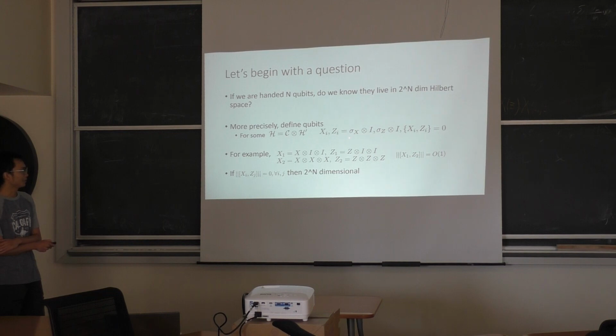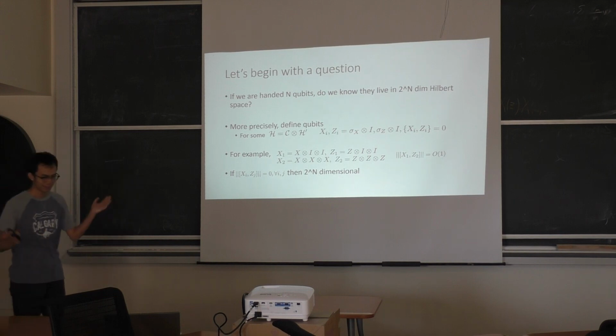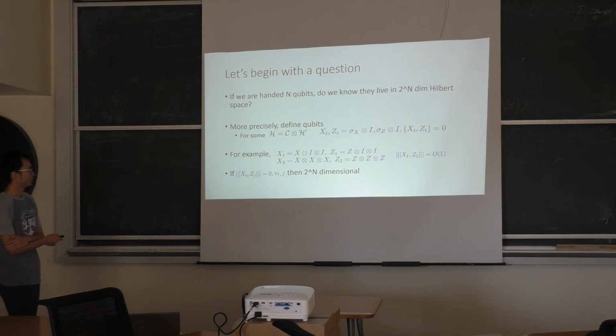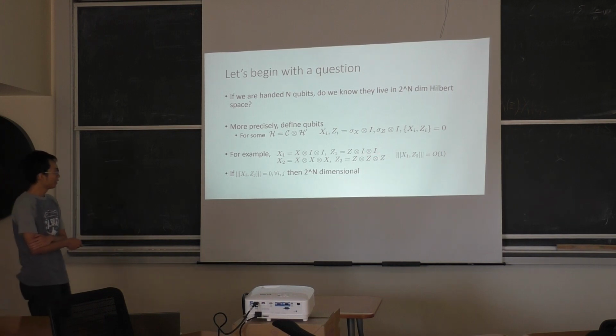You can define some Pauli operator, or really a unitary operator, that has non-trivial support over this two-dimensional subspace, and call it X and call it Z, such that these two anti-commute, and that's a qubit. So for example, this is the conventional qubit: you have just X tensor I and Z tensor I. These two operators form a pair, and that defines a qubit.